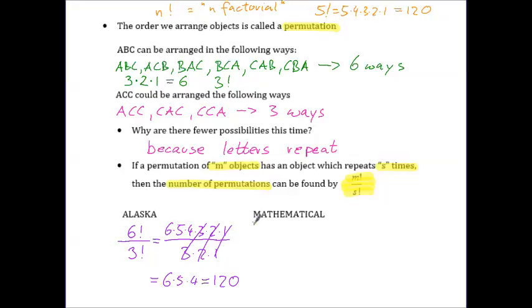Let's use the word mathematical. And how many letters does the word mathematical have? 1, 2, 3, 4, 5, 6, 7, 8, 9, 10, 11, 12. So we got 12 factorial, but how many possibilities will not be different? Can we eliminate? So we have A in here 3 times.